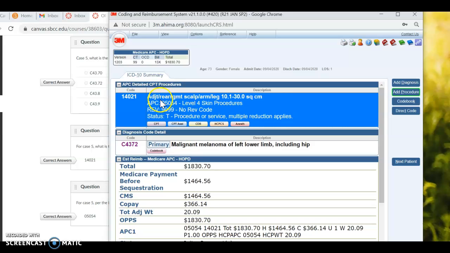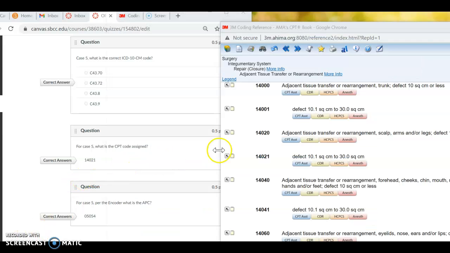Okay, so we have an adjacent tissue transfer. Okay, so let's go through the CPT code 14021. We have the tissue transfer, which I just went ahead and put into the encoder.